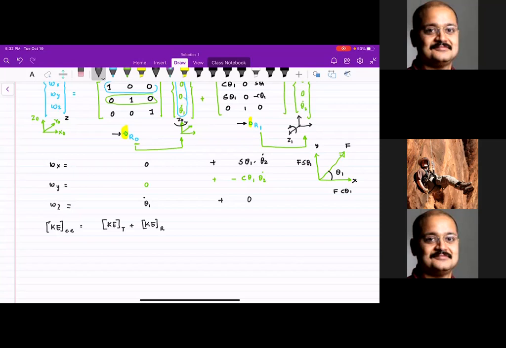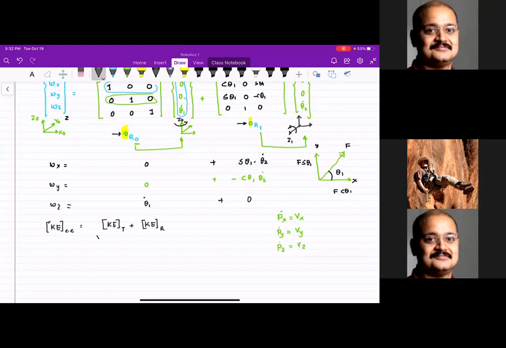But please understand, this is a three-dimensional problem. Unlike the previous problem where we had a planar robot, now we have Px dot, which I'm going to write as Vx for consistent notation. Px dot is Vx, Py dot is Vy, and Pz dot is Vz.